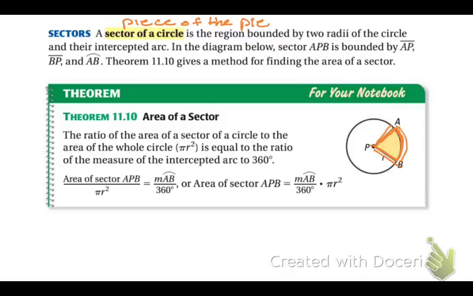So the areas for sectors use ratios. And remember, to find the arc length of a piece of an arc, we also used a ratio, and we'll review that in a second.